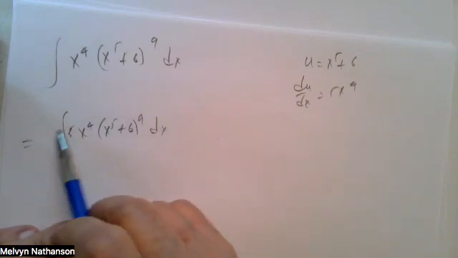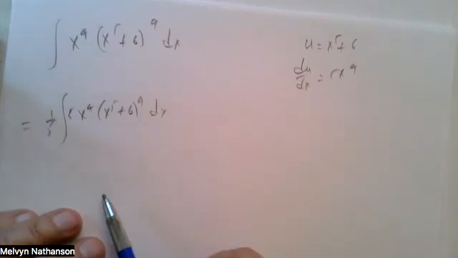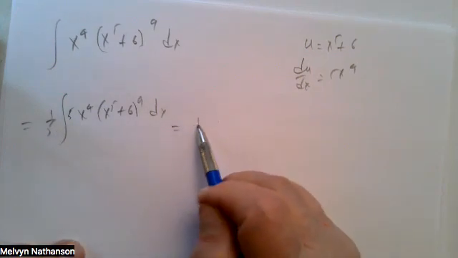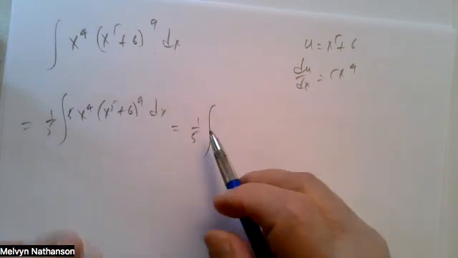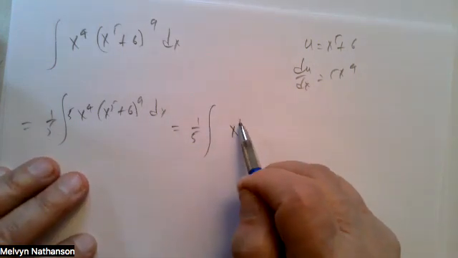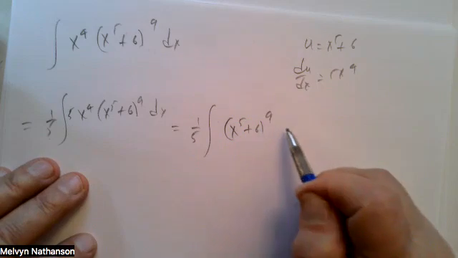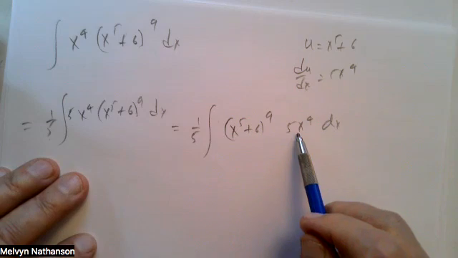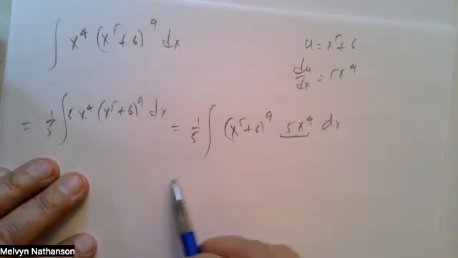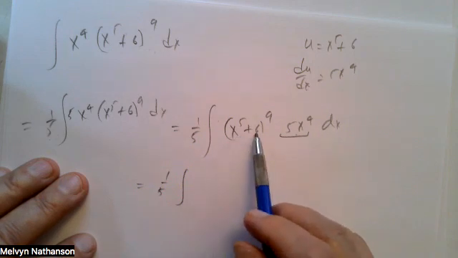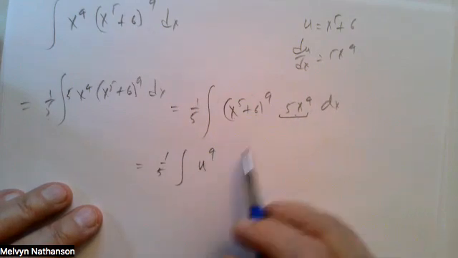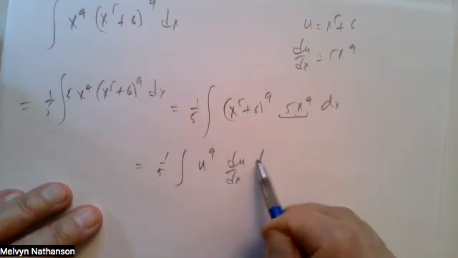I can multiply by 5 and divide by 5 and everything is still legit. So this is 1/5 times the integral of (x to the 5th plus 6) to the 9th times 5x to the 4th dx. x to the 5th plus 6 is u, that's u to the 9th. 5x to the 4th is du dx.